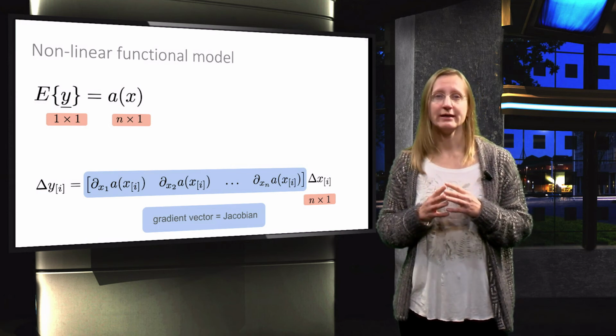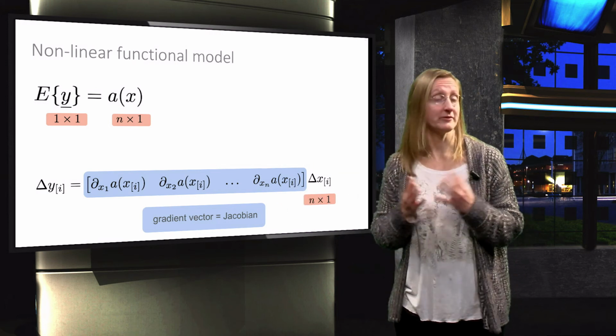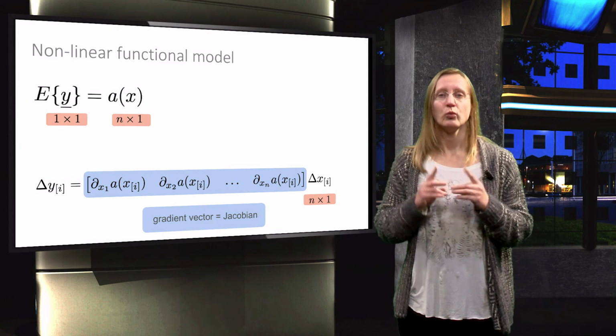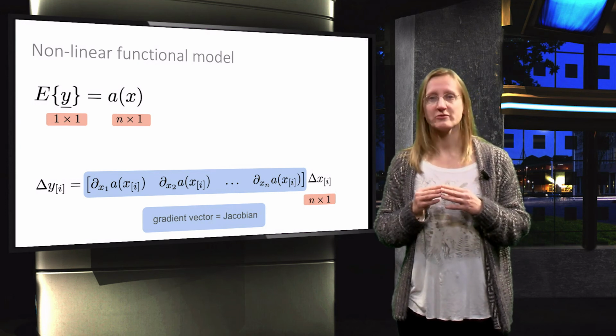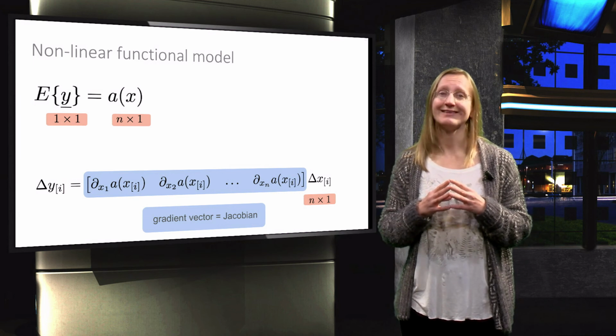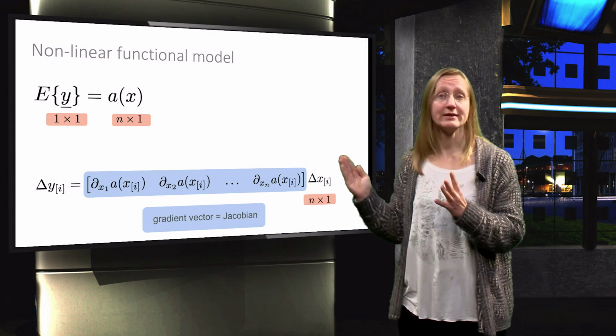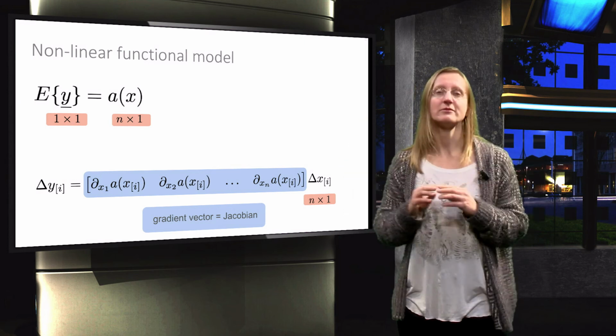In this way, again, we express delta y as a linear function of delta x. We call this the linearized observation equation. This means that we can now apply linear least squares estimation to estimate delta x from the observed delta y.